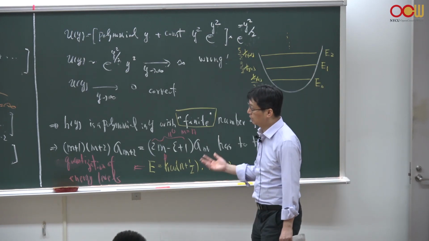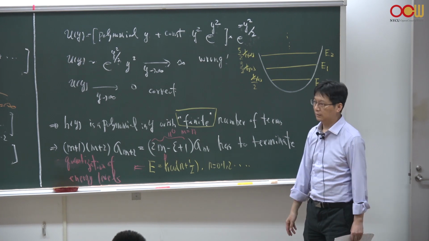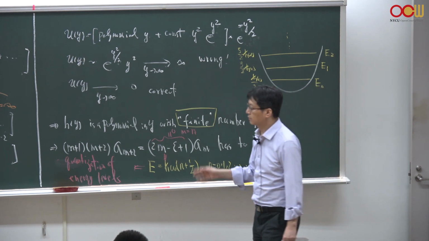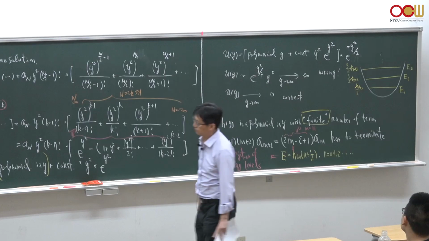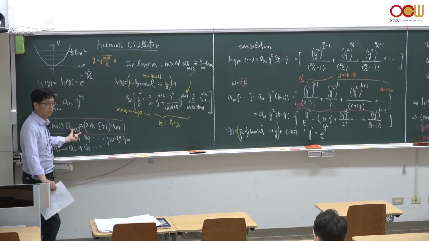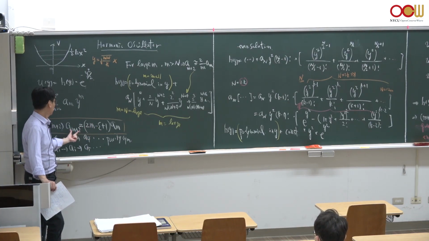Of course, the only way that we can make this term 0 and all the coefficients become 0 after this term is when these coefficients are 0. Remember, both even and odd, we have this relation. So this a_m coefficient is related to a_(m+2). Okay.